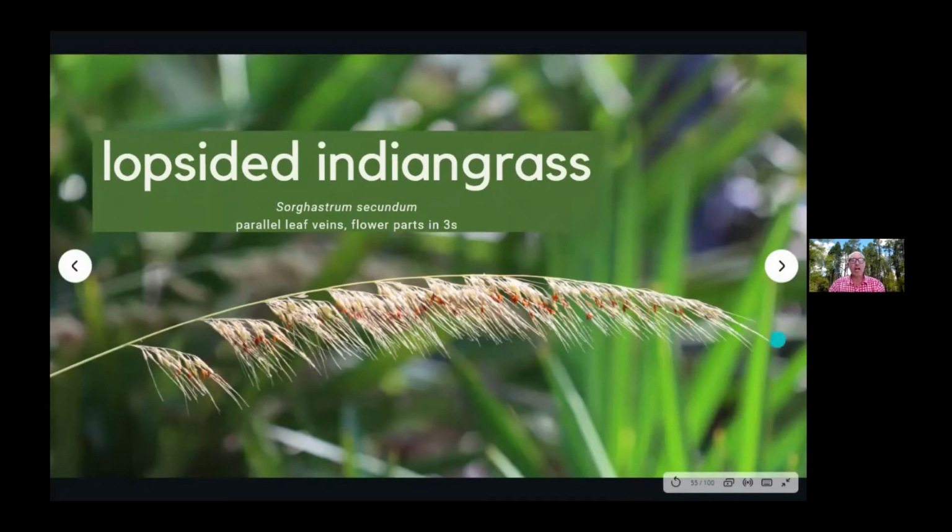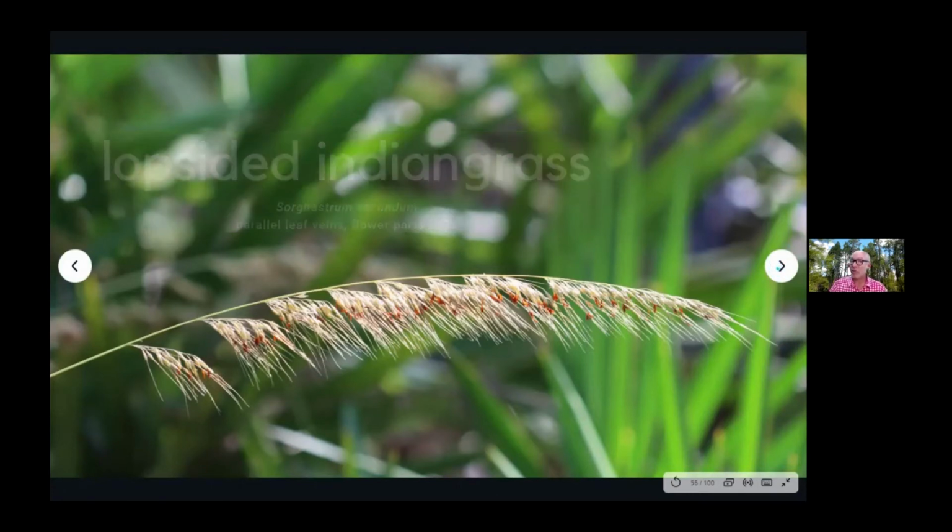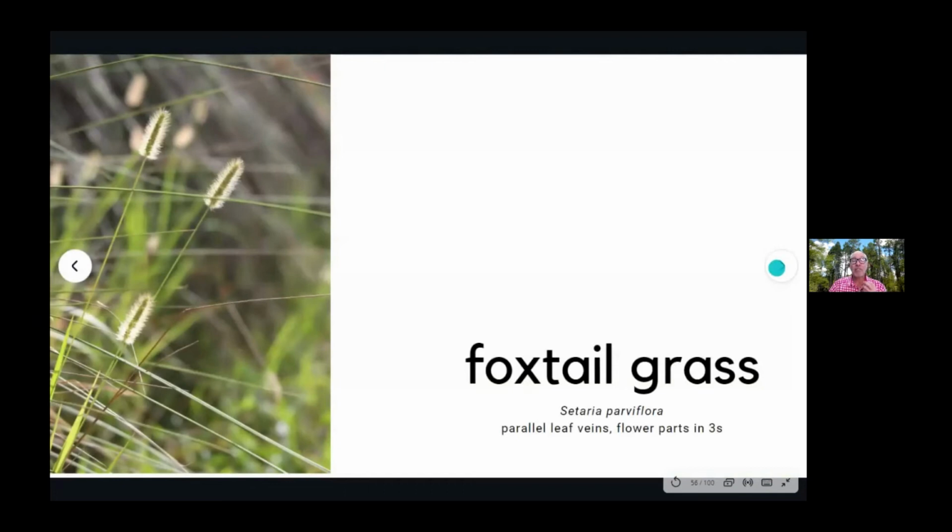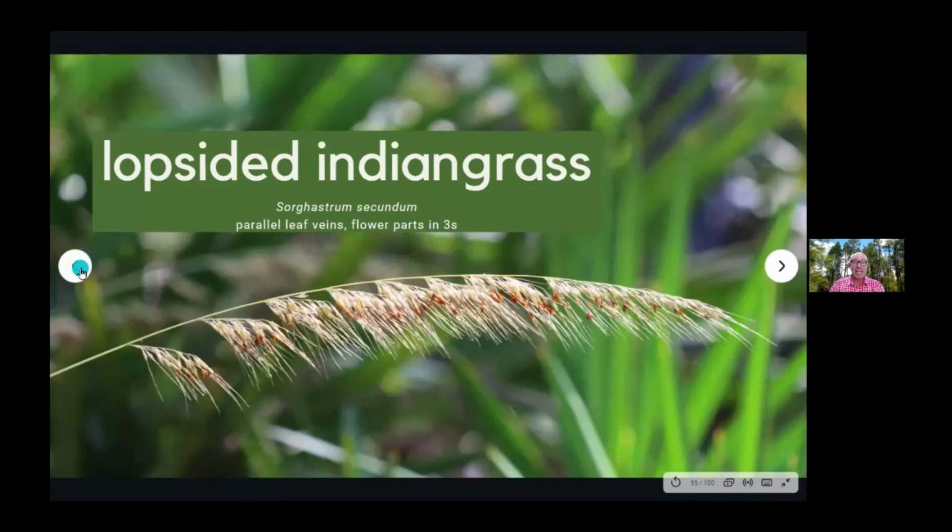Couple more monocots, the grasses. Flowering plants, yes. Lopsided Indian grass, Sorghastrum. Grasses have parallel leaf veins, and yes, they do have flower parts in threes. Foxtail grass, being a grass with those parallel leaf veins and flower parts in threes, is put together differently than its cousin, the lopsided Indian grass.